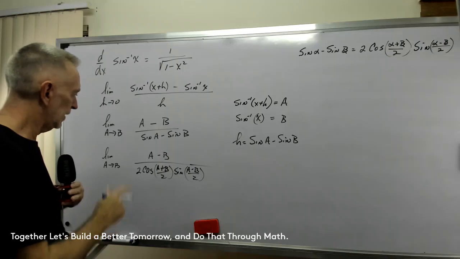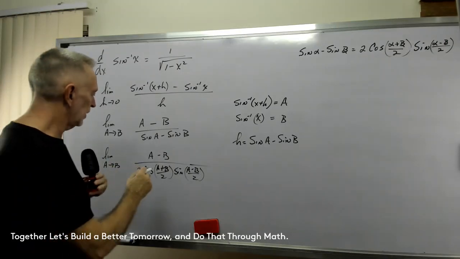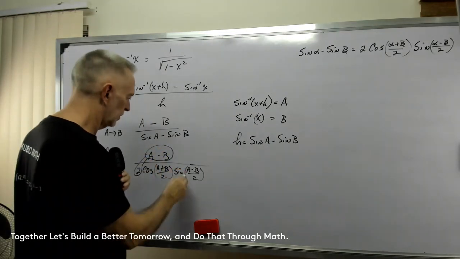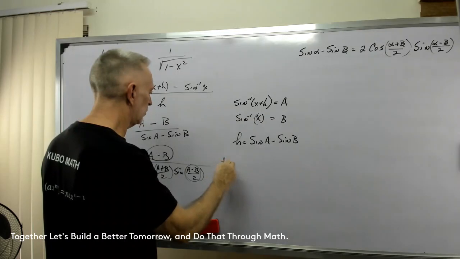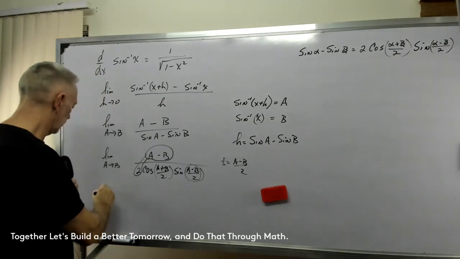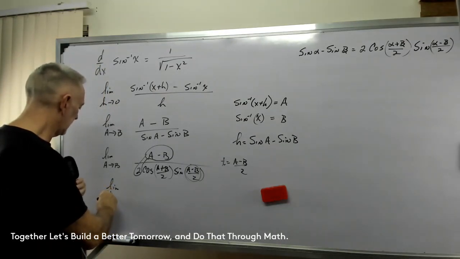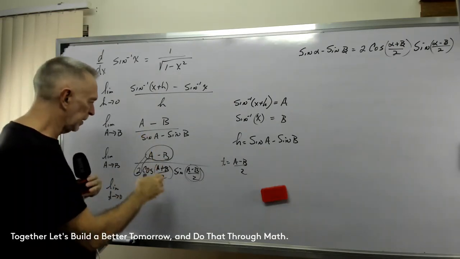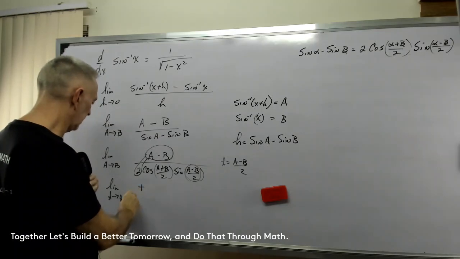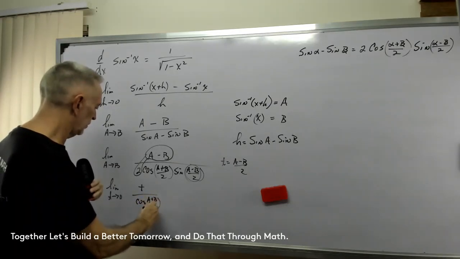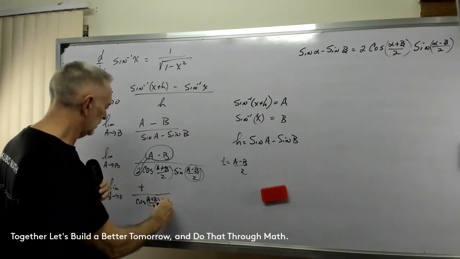Okay, I tell you what, let's do one more thing. Let's let t equal a minus b over 2. Let's make that adjustment. So if we have the limit as t approaches 0, which would imply that a is approaching b, we would have the limit as t approaches 0 of t over cosine of a plus b over 2 times sine t.